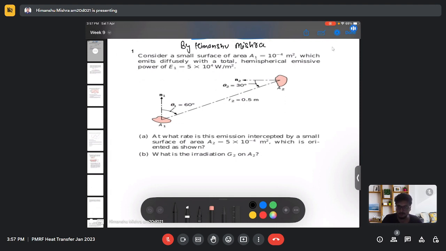And we need to find at what rate this emission is intercepted by small surface area A2, which is oriented as shown, and what is the irradiation G2 on A2.